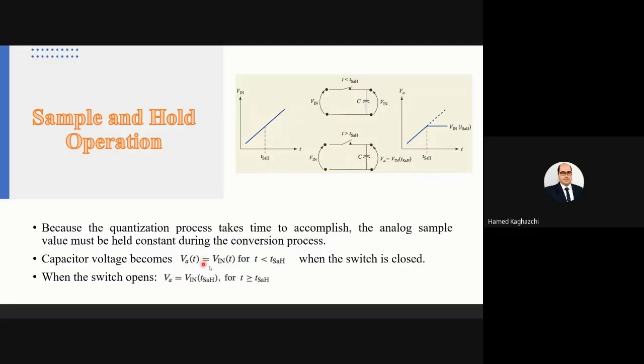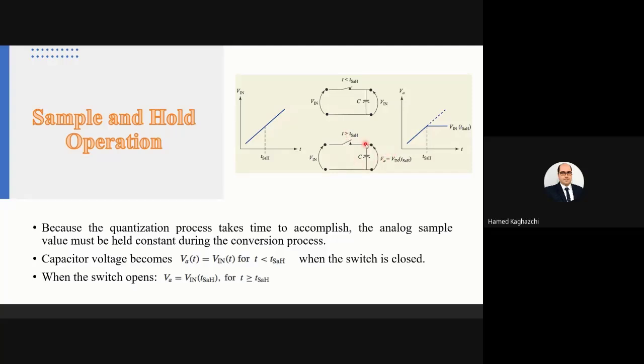So VA is equal to Vin. Now, when I open this switch, what happened? I don't have this Vin because this switch is off. I open this switch. What happened?